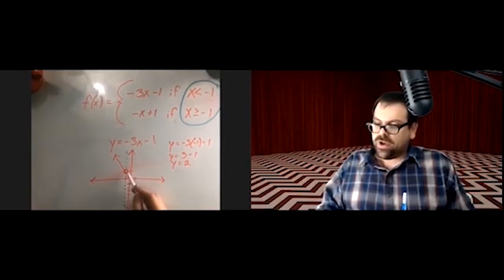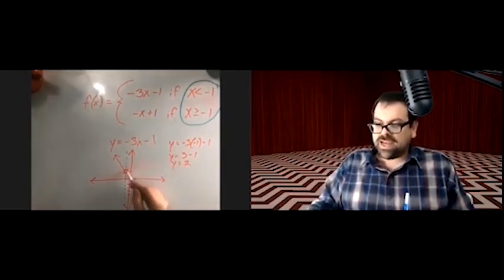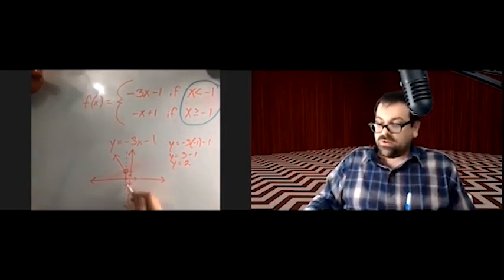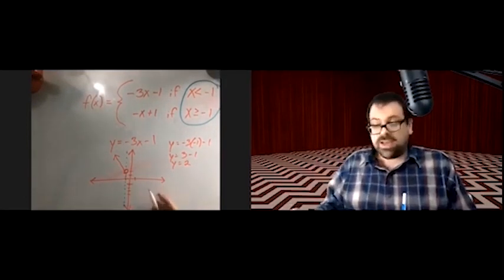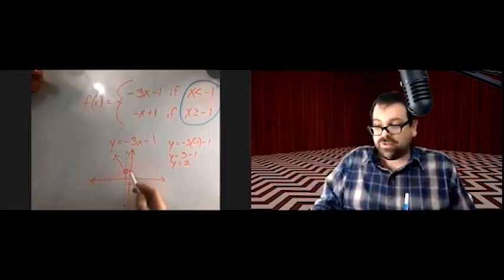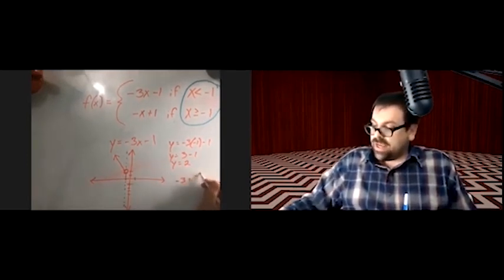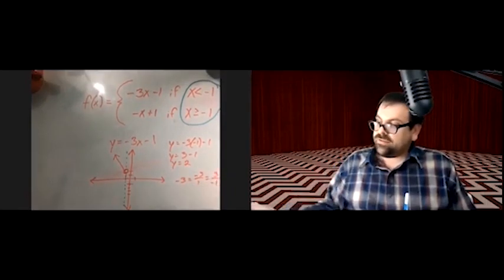And then we build off of it. How would we continue to draw the line? Well, the slope is -3. Down and right, that's the wrong way. That's the wrong side of the dotted line. So we would go up and left. -3 is -3 over 1, but it's also 3 over -1.